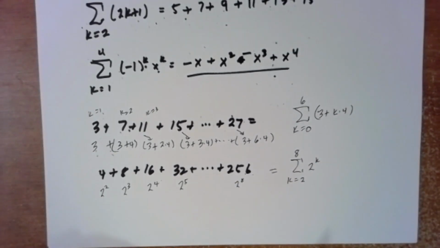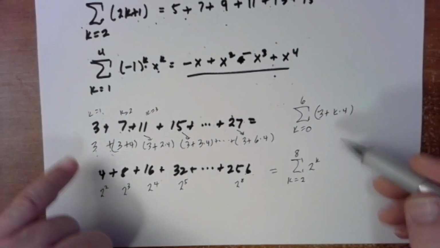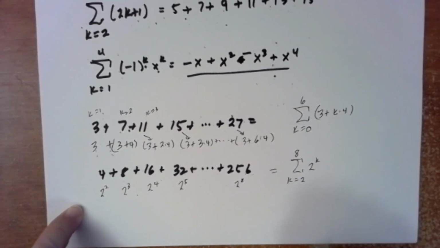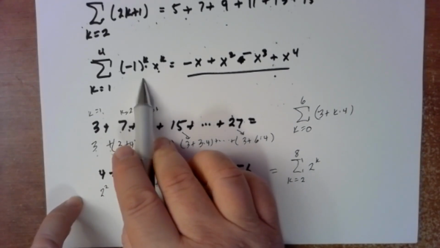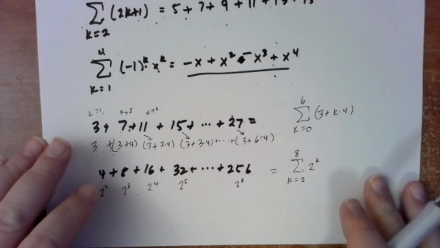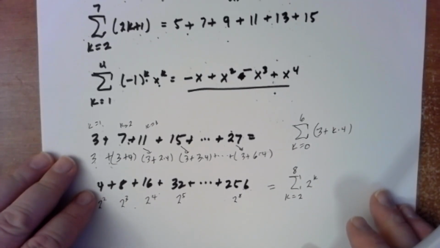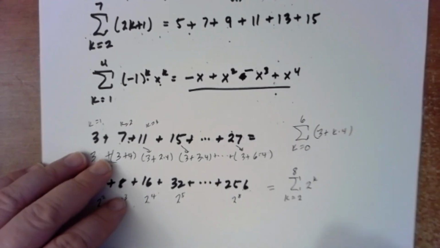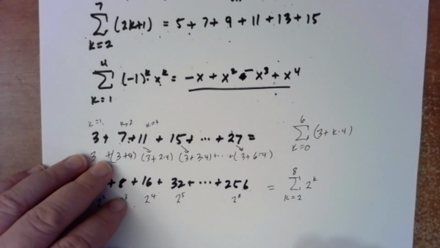Good. So going this way is a little bit harder, right? Because you're looking for a pattern for the k value, but here you're given the pattern, so you just have to expand out the pattern. Very good. So that's how we work with sigma notation. We're going to see sigma notation cropping up when we do Riemann sums next.